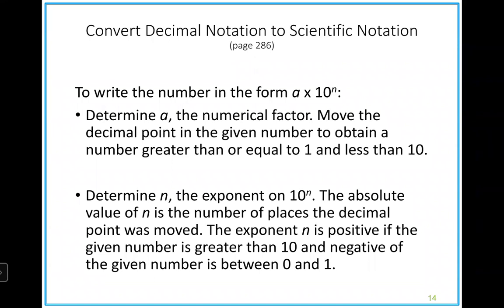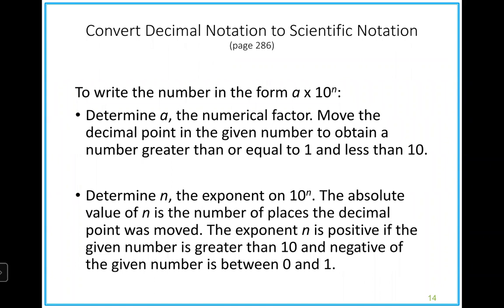Okay, so it says to write a number in the form a times 10 to the n power, determine a, which is the numerical factor, which must fall somewhere between 1 and 10, and move the decimal point in a given number to obtain a number greater than or equal to 1 and less than 10.